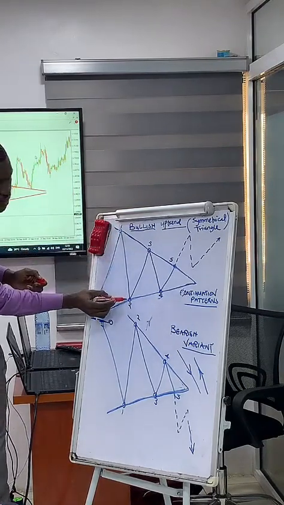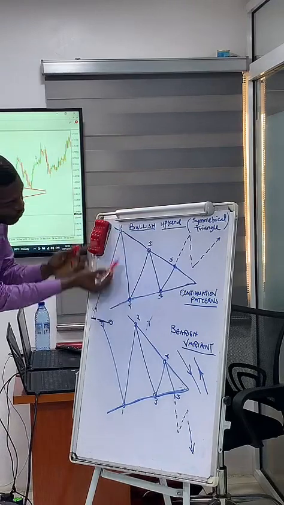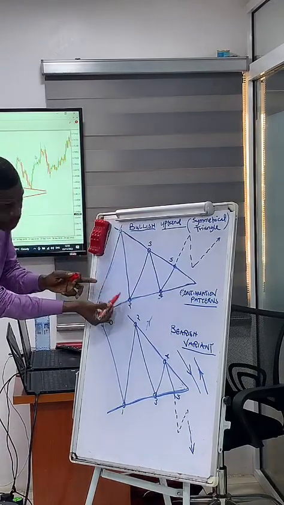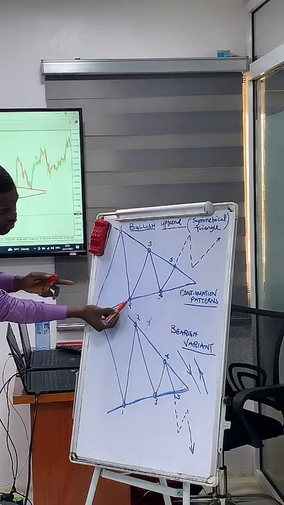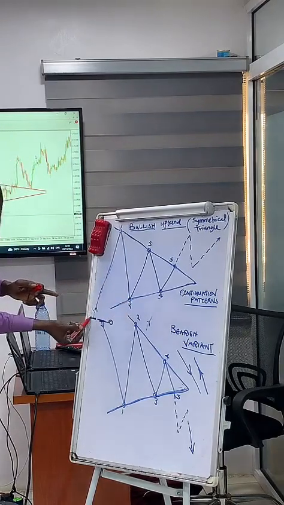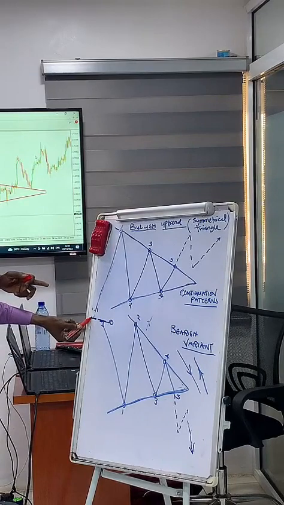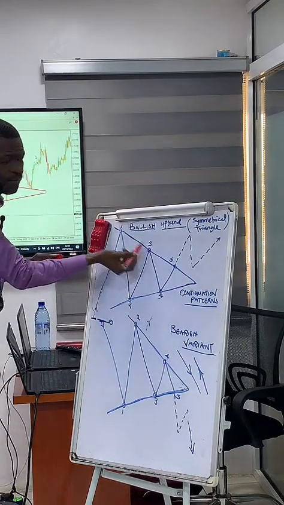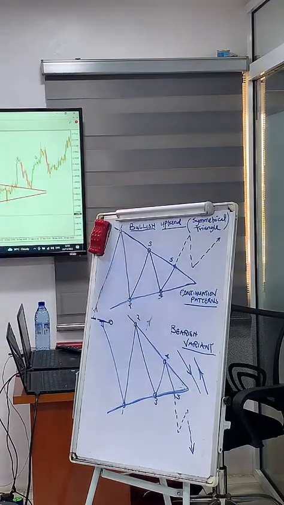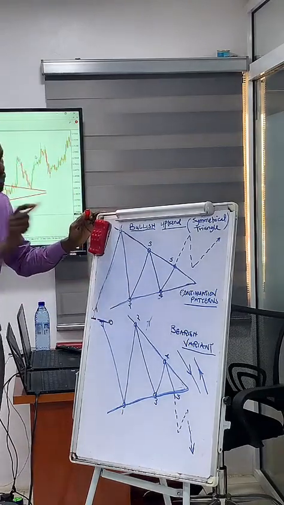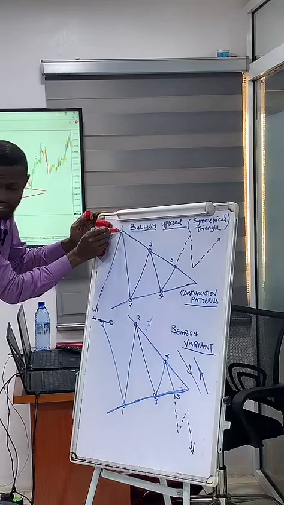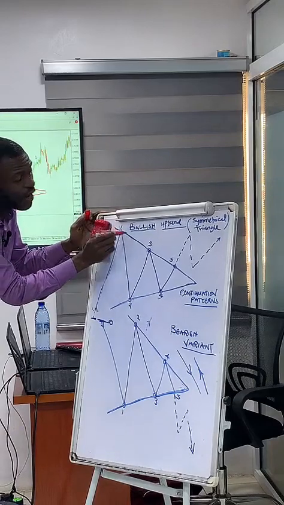Came down. But when it came down in the form of a retracement, the retracement did not come to the same level where it started from. It pulled up again. But you will notice that when it pulled up again, point 1 is higher than what?